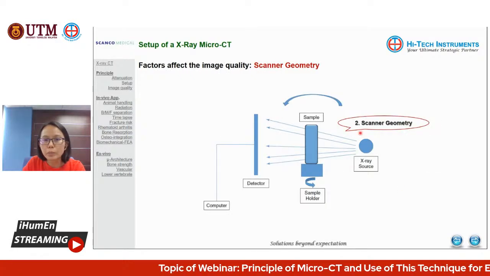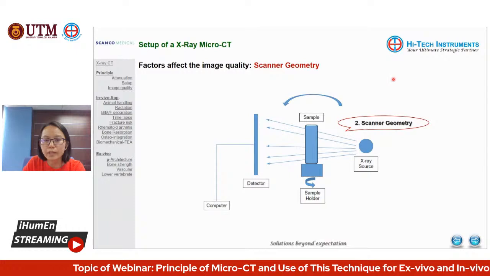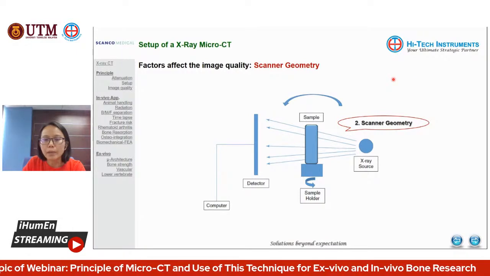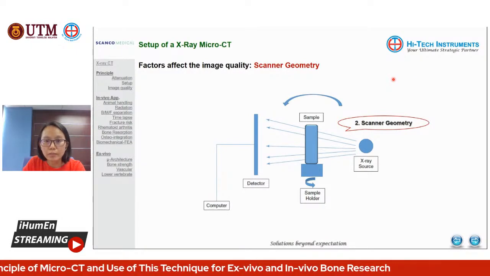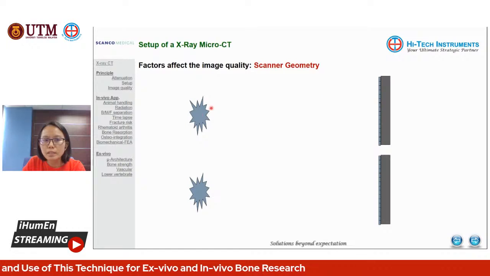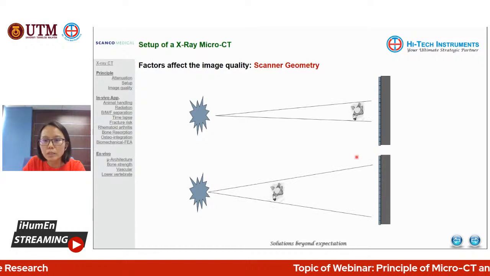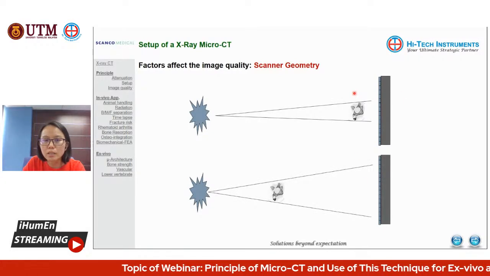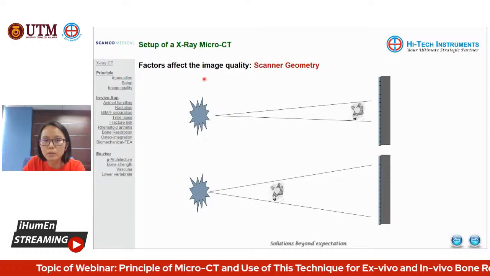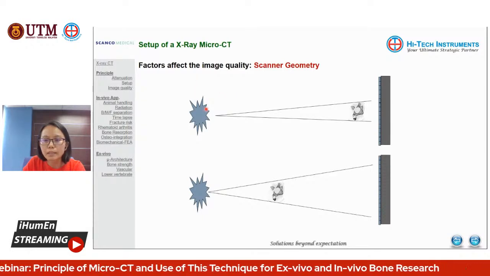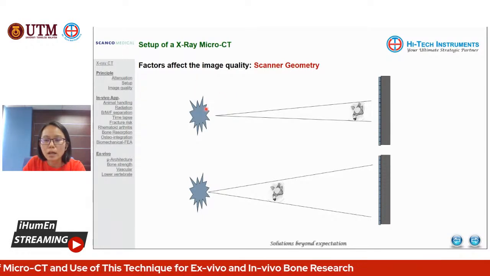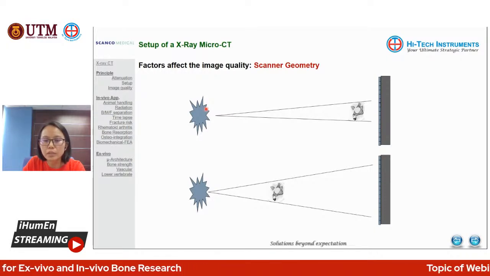Okay. So next will be the scanner geometry, another factor, which relates to the geometrical magnification. As you can see, this will be the X-ray spot here, and this will be the detector. Based on the geometrical magnification, if you place a smaller object closer to the X-ray spot, you will get a higher magnification and, in return, a higher resolution.